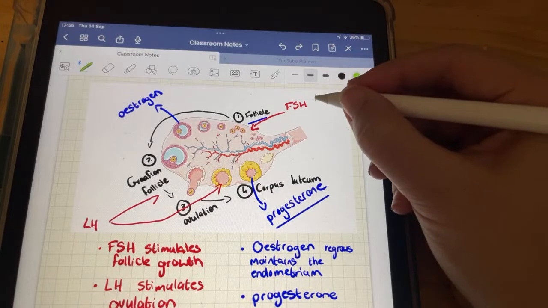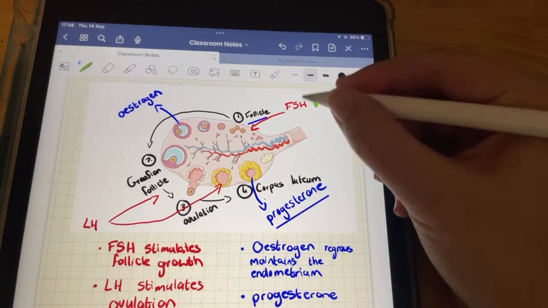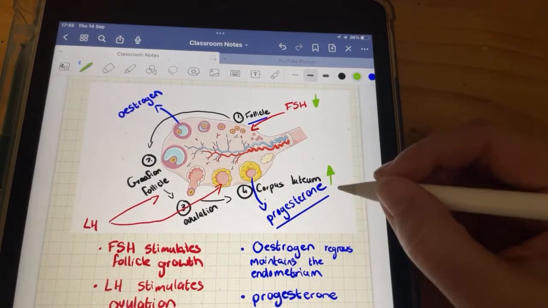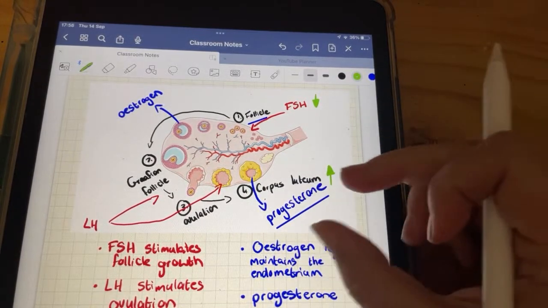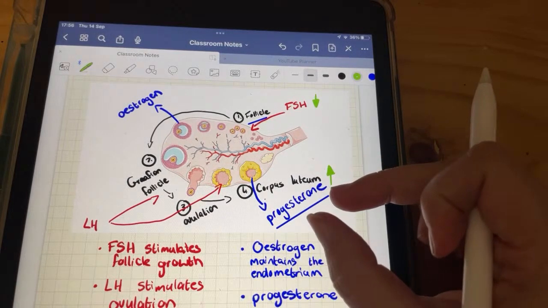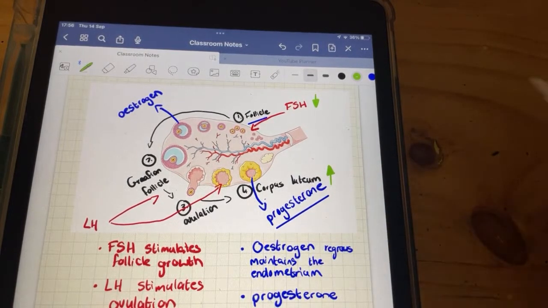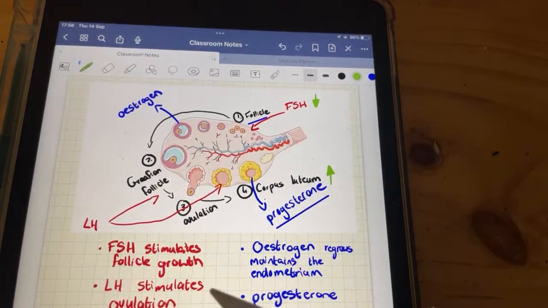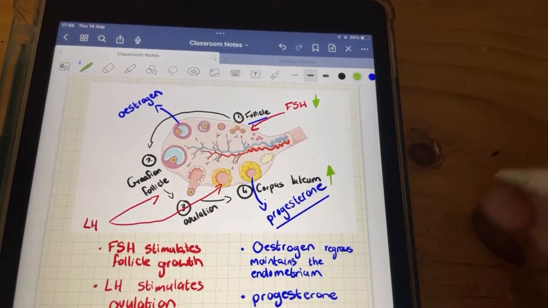If FSH is low, it is low because progesterone levels are high. That is because you're either in the later stages of the menstrual cycle preparing for possible pregnancy, or you are pregnant and you don't want to be growing another follicle, because you cannot have 2 embryos growing at different stages. One can't be 6 weeks and the other one 6 months. Okay?